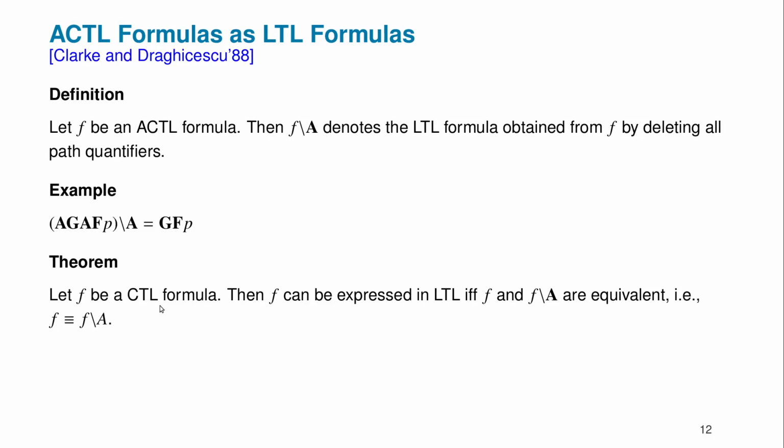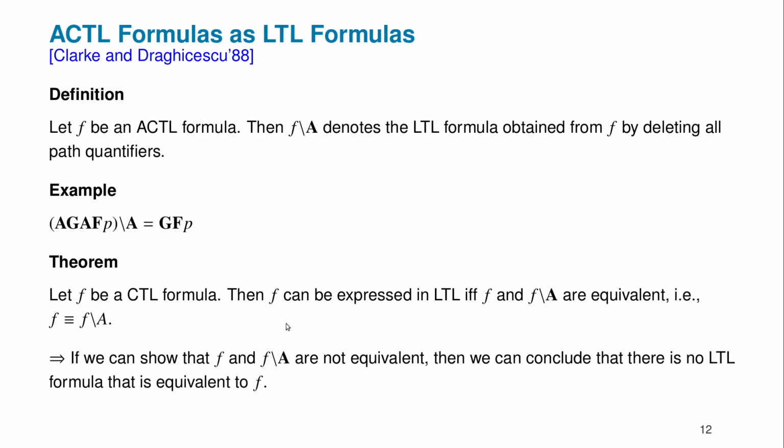The proof is not difficult, and it can also be easily understood by reading the paper, where you have the concise proof. If we can show that F and F without A are not equivalent, then we can conclude that there is no LTL formula that is equivalent to F. This is what this theorem says.